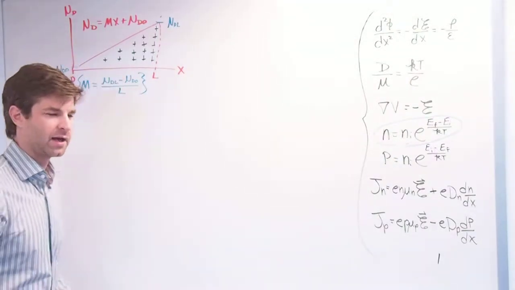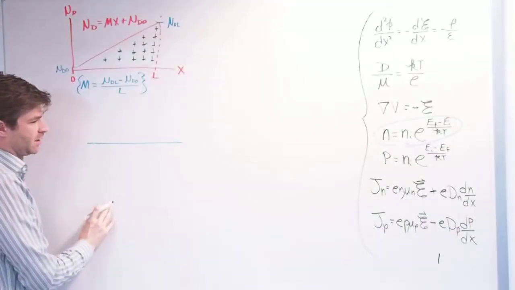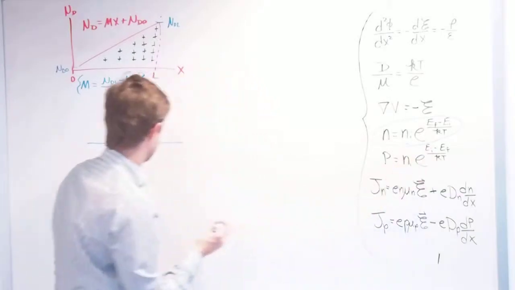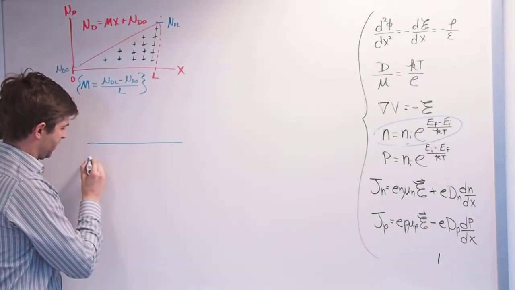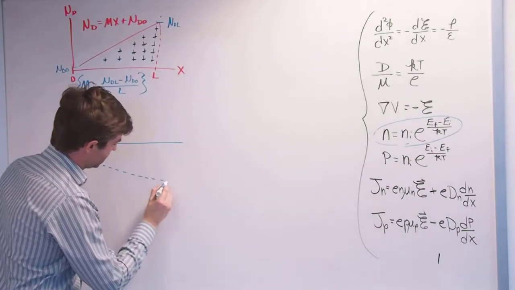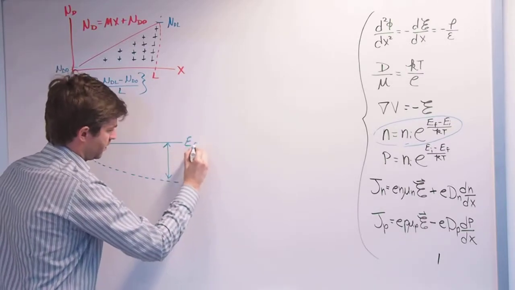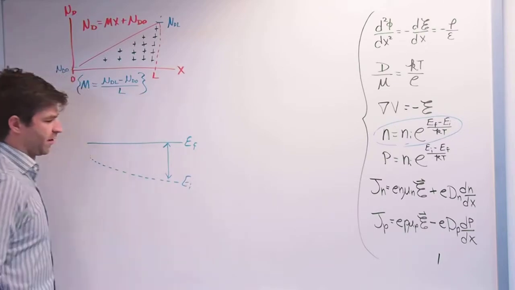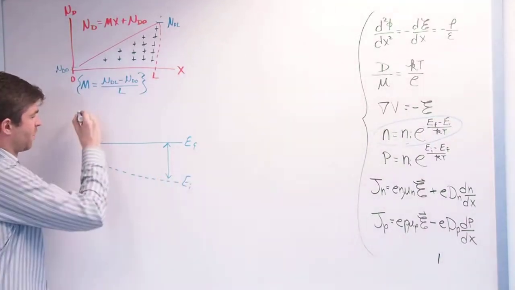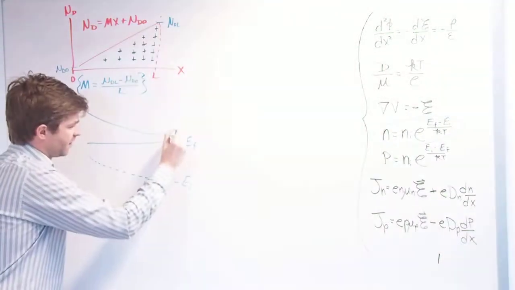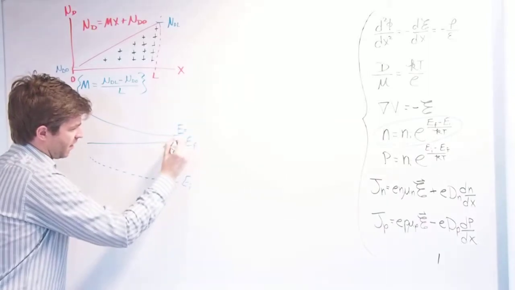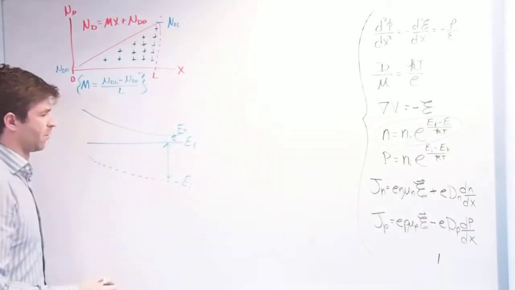Well, how do we do that? If we consider a constant Fermi level, and we know the expression from this equation, we want the distance from EF to EI to be increasing as we go across, and therefore the distance from EC to EF to be decreasing as you go across.